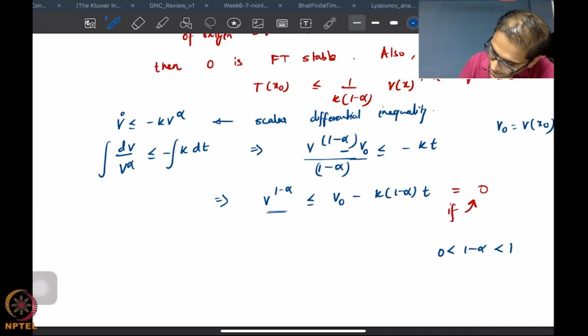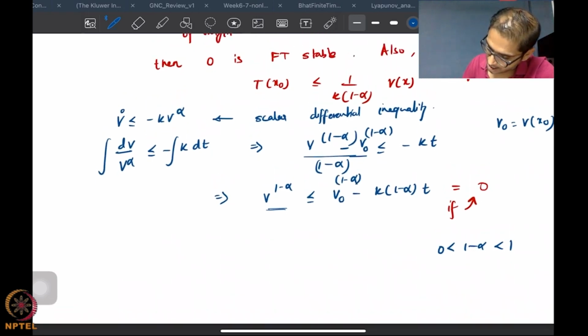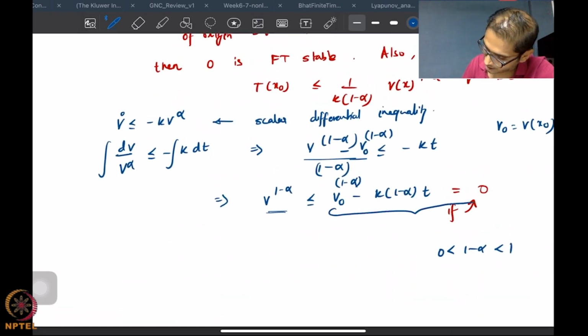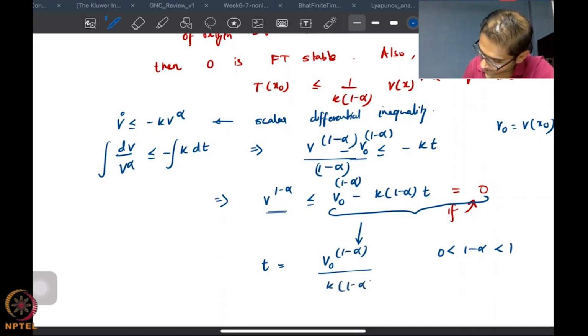So this is exactly what it is, 1 minus alpha. This was also 1 minus alpha. So I should not miss this exponent here as well, right? And now from this condition, I know that the T I need will be equal to V0 to the power 1 minus alpha divided by K times 1 minus alpha, right?